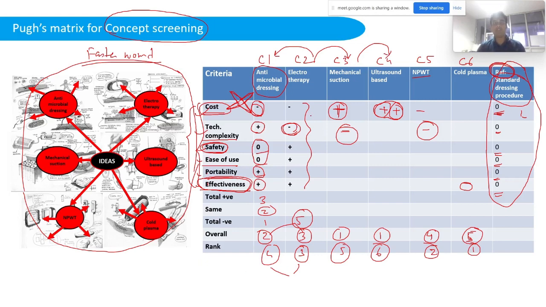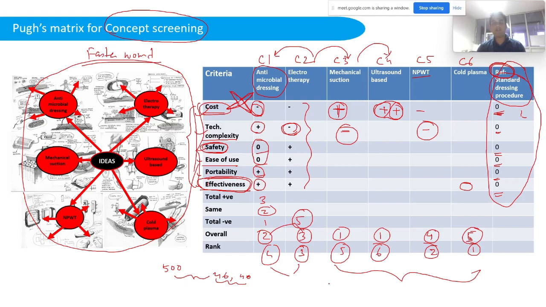It's mostly used for concept screening, where based on some references you can select at least a few. If there are 500 concepts, then probably you can reach something like 40 concepts using the Pugh matrix.